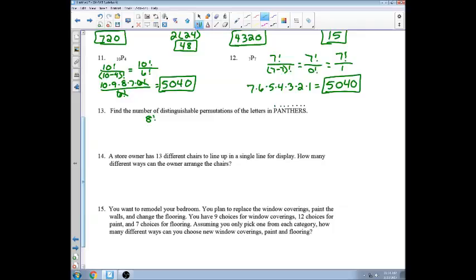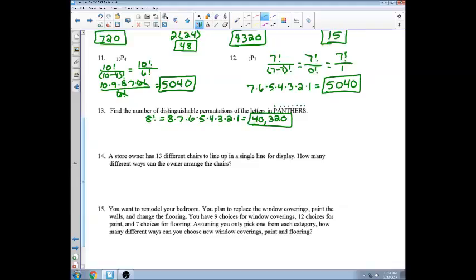This would be over any letters that repeat. Well, the P does not repeat, the A doesn't repeat, N no, T no, H no, E no, R no, S no. So it's just going to be my 8 factorial. So it'd be 8 times 7 times 6 times 5 times 4 times 3 times 2 times 1. Multiply that completely out, I end up with 40,320.